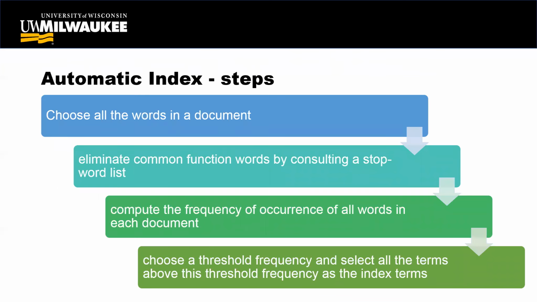The automatic indexing steps are: choose all the words in a document, eliminate common words, which we talked about as stop words, and then compute the frequency of occurrence of all words in each document except the stop words. Then you choose a threshold of frequency and select all the terms above the threshold.